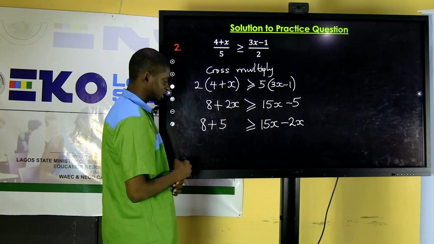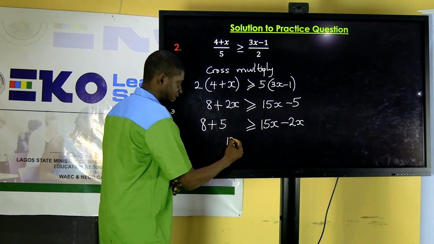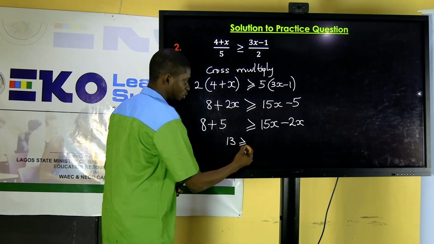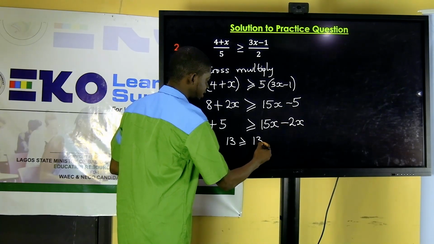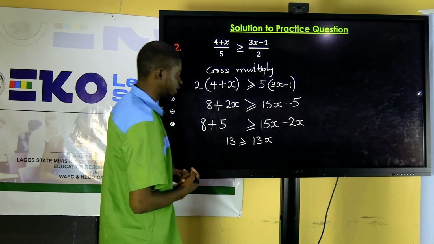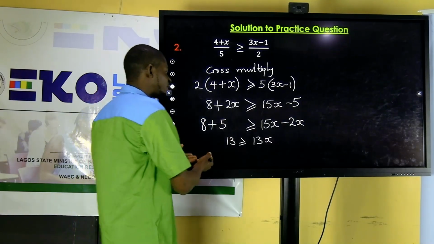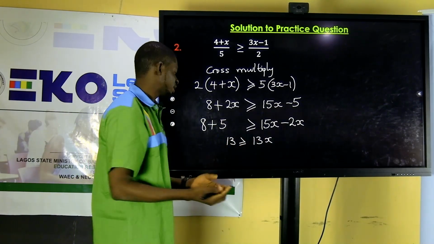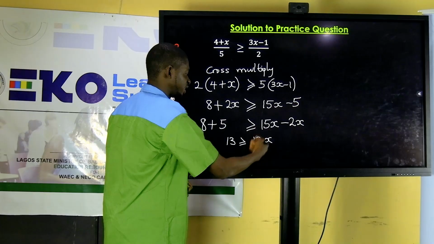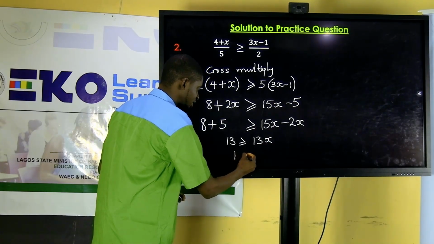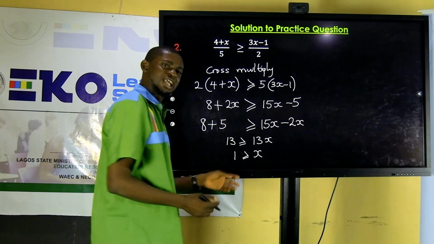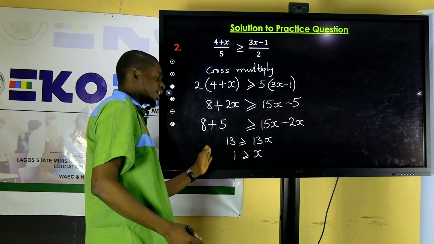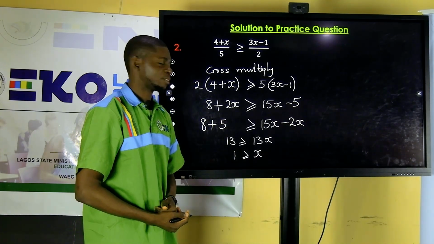When you do this, this gives you 13 greater than or equals to 13x. Isn't that interesting? So if I divide through by 13, remember 13 goes here 1, 13 goes here x. So I will have 1 is greater than or equals to x. Then how do I rewrite it that will have x at the right hand side?